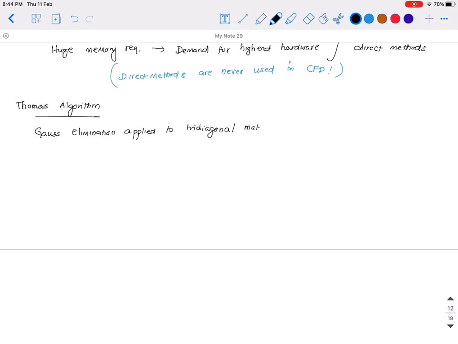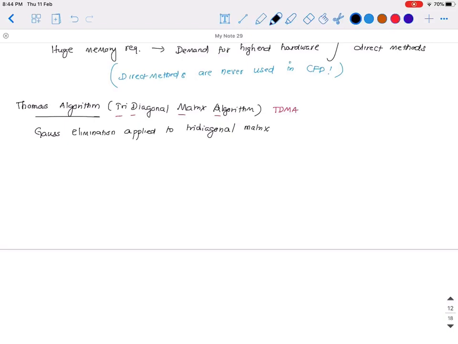It is also called the tri-diagonal matrix algorithm, TDMA. The Thomas algorithm is also called TDMA, which means tri-diagonal matrix algorithm.